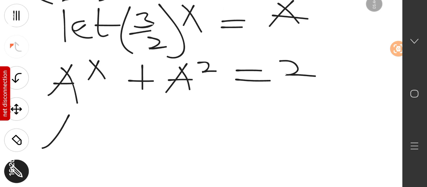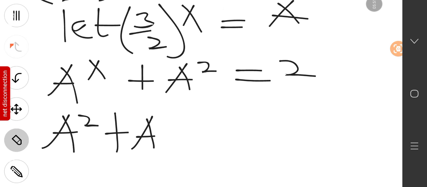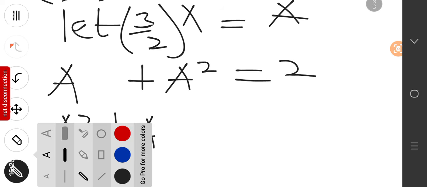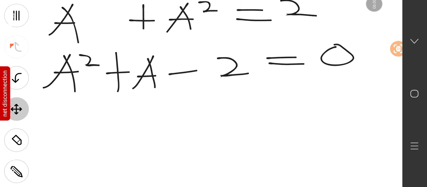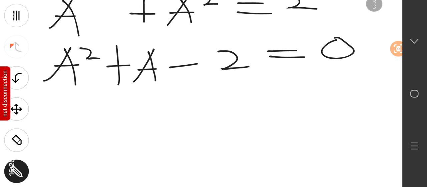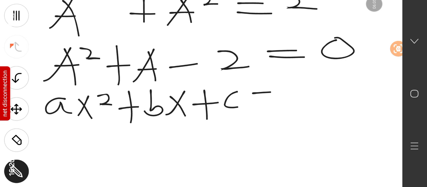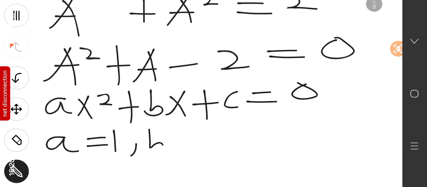So we are going to have a^2 + a - 2 = 0. Now let's compare our equation to ax^2 + bx + c = 0. So when we compare, we see a = 1, b = 1, and c = -2.